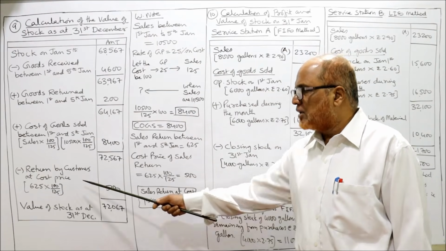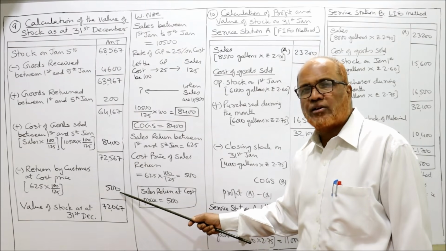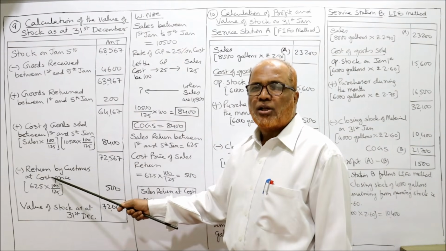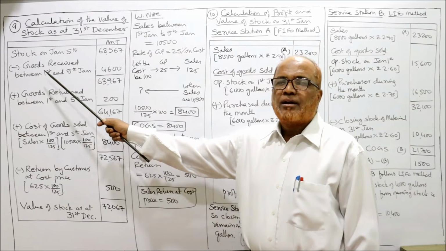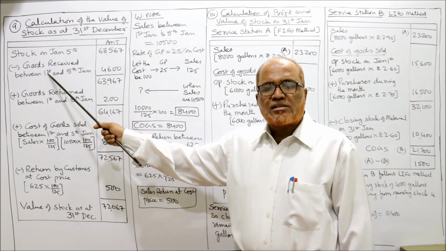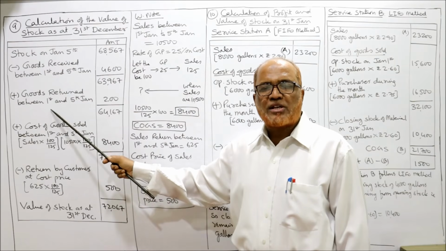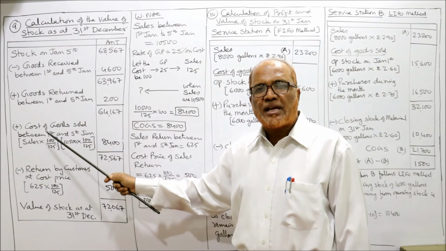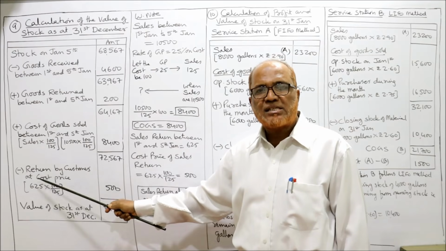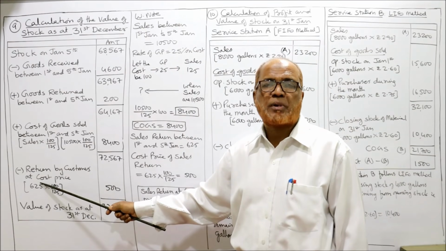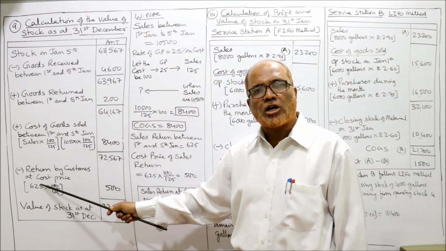So subtract sales return. So simply: minus purchases, plus purchase returns, plus sales, minus sales return, at the cost price.